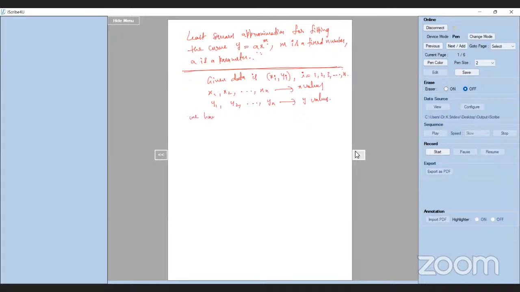Now we have to find the least squares approximation for the curve in the form of y is equal to, or f of x is equal to a x to the power m. M is a fixed number. We know that a is a parameter.